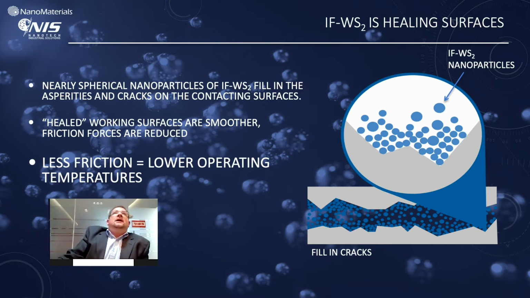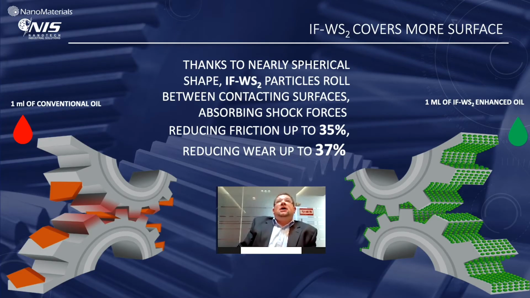So as we mentioned, the spherical particles are able to penetrate very small cracks due to their size and shape. At some point, they roll between surfaces, thus lowering the friction. But less importantly, another effect is that those particles are able to lower the wear. They serve as a protecting barrier between two contacting surfaces and prevent material wear.